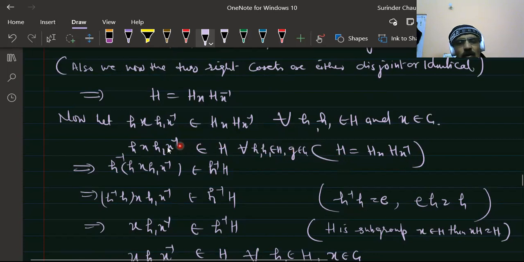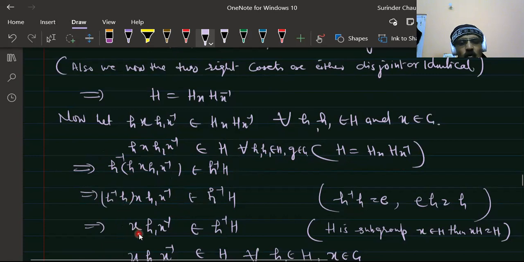Now applying the left cancellation law by h inverse, and using the associative law, h inverse h x h1 x inverse belongs to h inverse H. So h inverse h is equal to e.